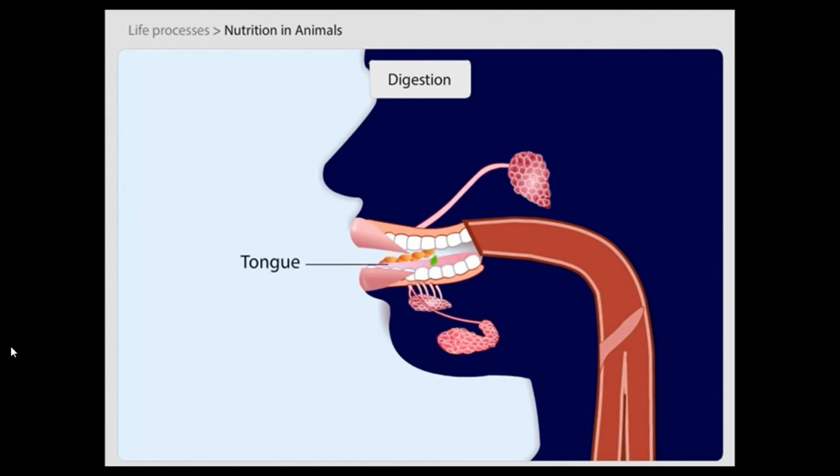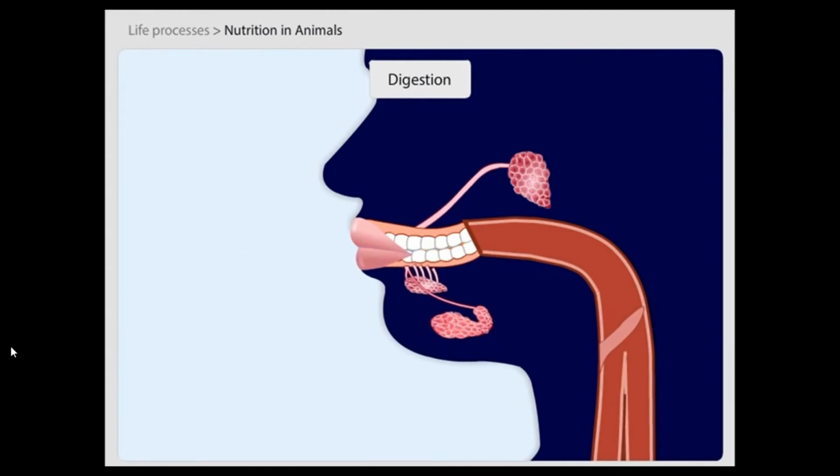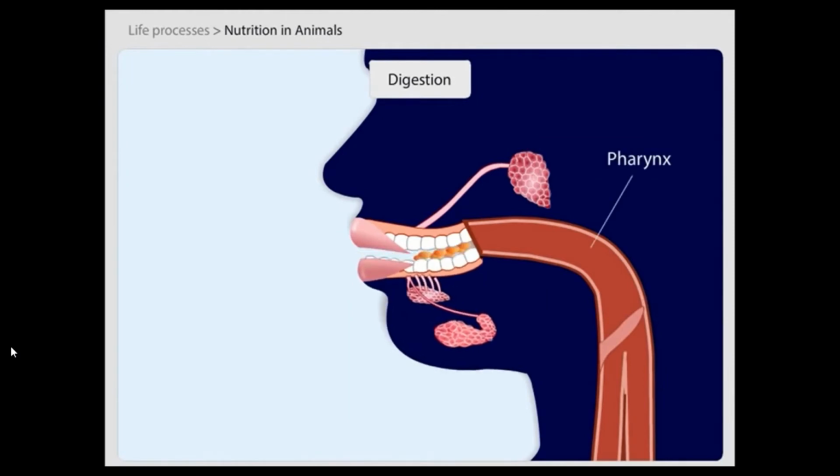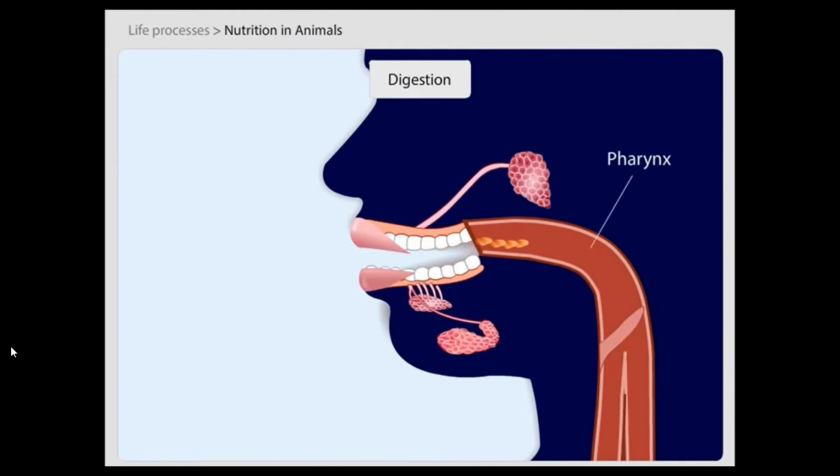The tongue helps in mixing the food with saliva and pushes the food during swallowing. The slightly digested food in the mouth is swallowed by the tongue into a common passage for both respiratory and digestive tracts, that is pharynx.